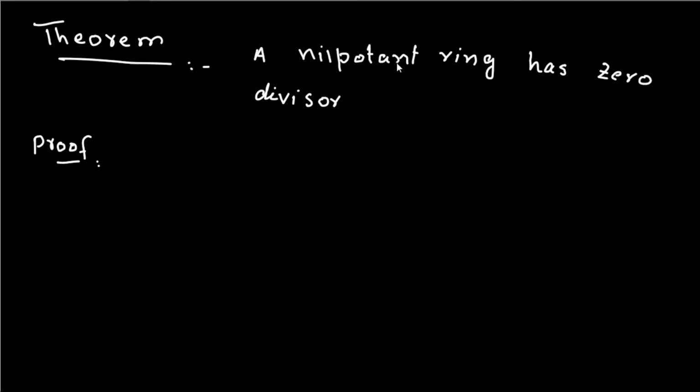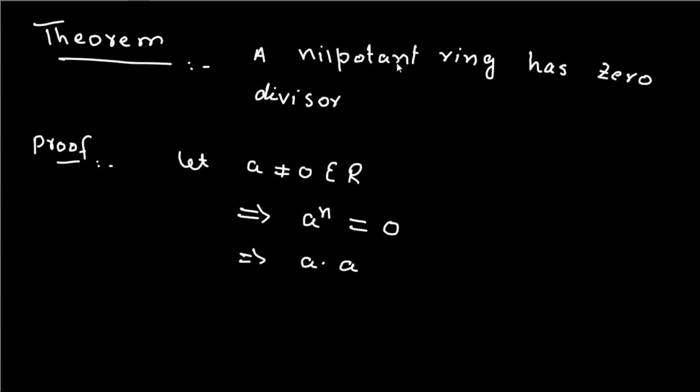Let R be, of course, a given nilpotent ring, and let a, not equal to 0, be an element of R. R is a nilpotent ring, so by the definition of nilpotent, a^n should be equal to 0, and a^n can be written as a times a^(n-1) is equal to 0.